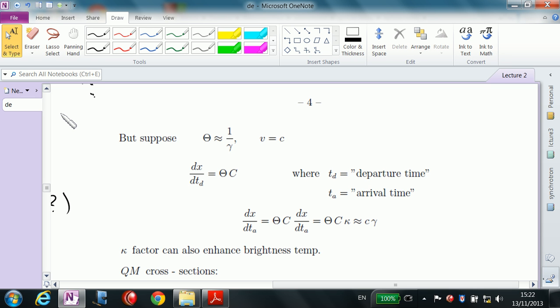And then, the best way to say it is that because of the blue shift, the brightness temperature that you see is much bigger than the brightness temperature inside the source. What we set a limit on for inverse Compton astrophysics was all in the frame of the electrons, of the electron gas.